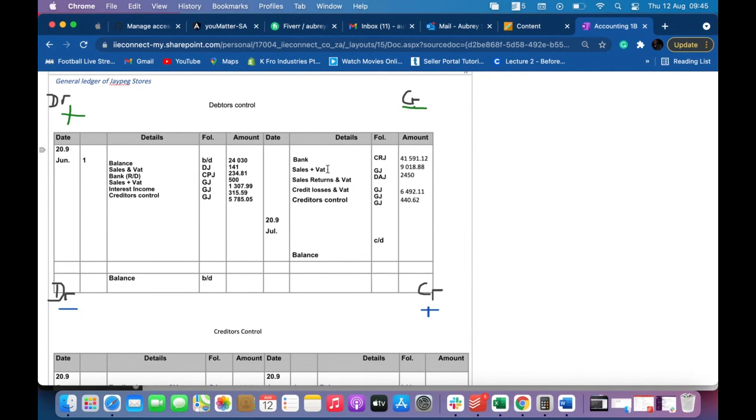If you don't know those things, that's where you're going to get caught out. There's 1 mark for each of these, so it really is significant that you know the correct accounts to write under the details. Otherwise, it really isn't rocket science. The more you practice it, the more it'll be child's play for you.